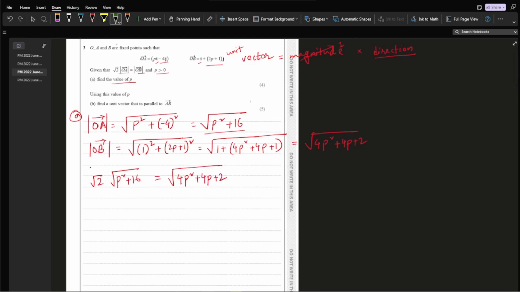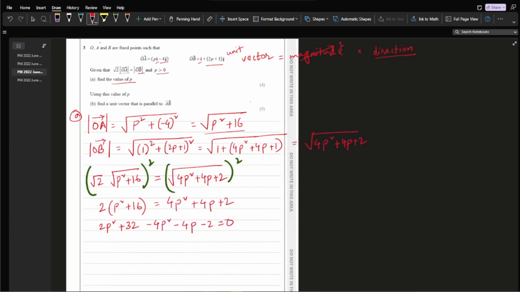Now I'm going to square both sides to get rid of the square roots. So I'm left with 2 times p squared plus 16 equals 4p squared plus 4p plus 2. This becomes 2p squared plus 32, and if I bring the whole thing to the left side, it becomes minus 4p squared minus 4p minus 2 equals 0.